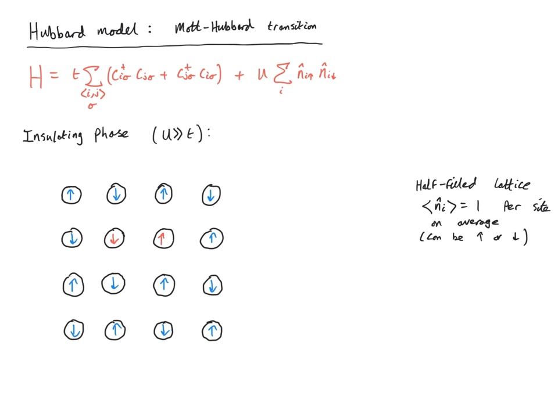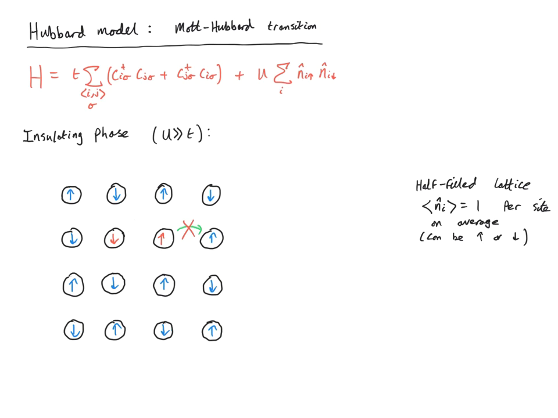Okay, so who cares? What's wrong with that? Well, let's consider the next tunneling processes. We could imagine trying to tunnel this electron to its neighbors. And we do that by indicating this arrow here. But we can see that that cannot occur because of the Pauli principle.